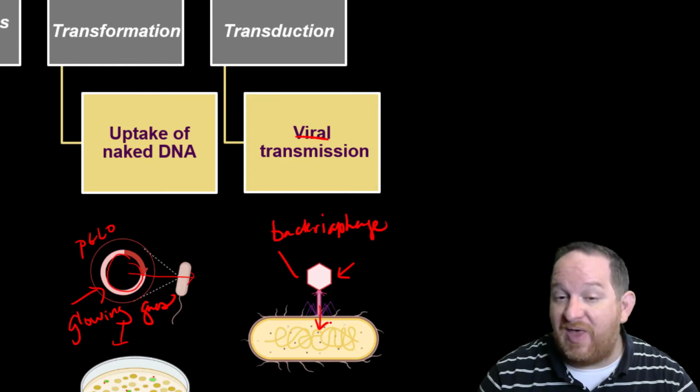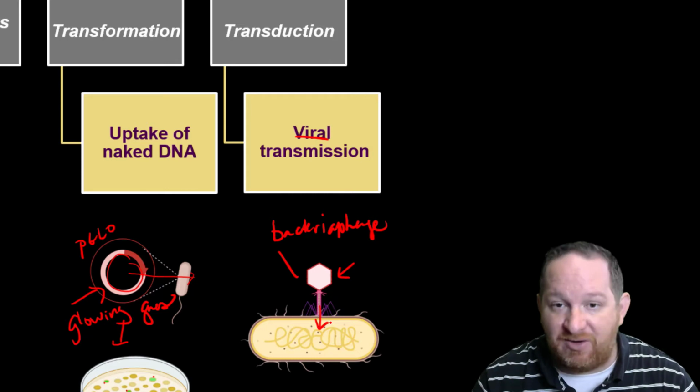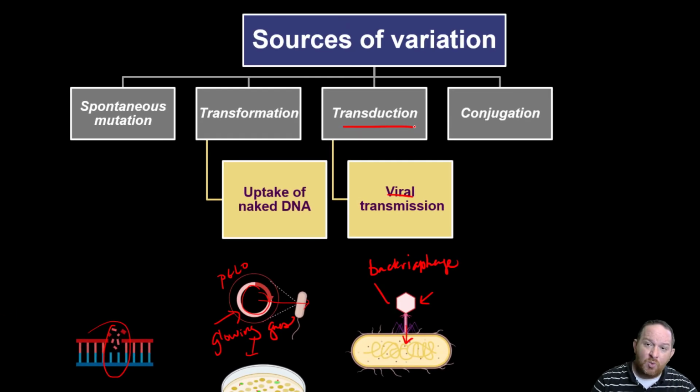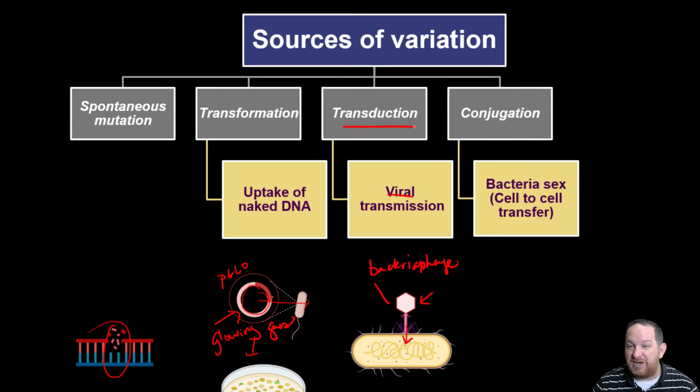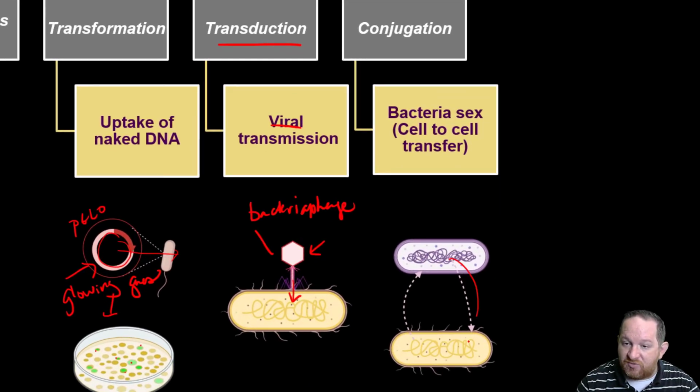So one way that the bacteria's genes can change is by getting some from a virus. That's called transduction. We also have conjugation. Some people say this is sort of like bacteria sex, where one bacteria is transferring genetic information to another and vice versa. Bacterial sex or conjugation.